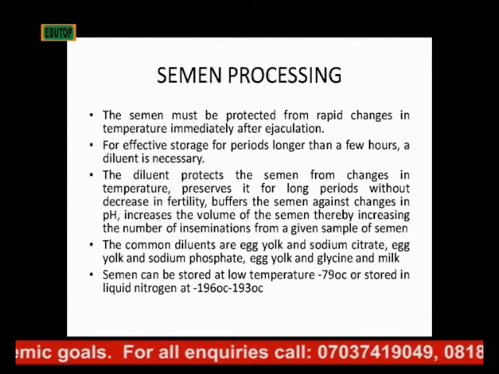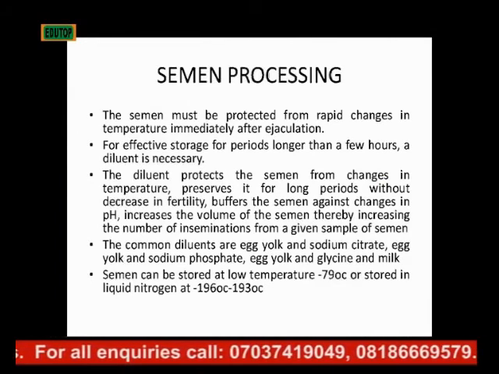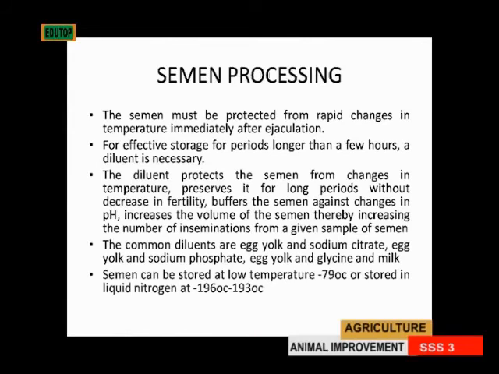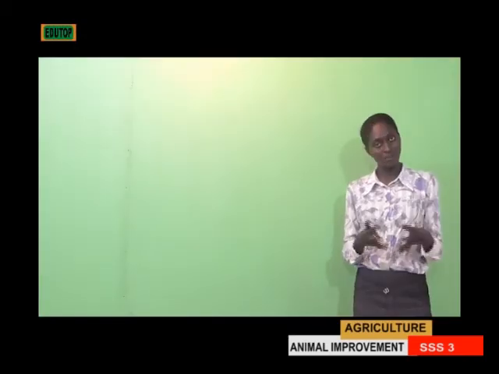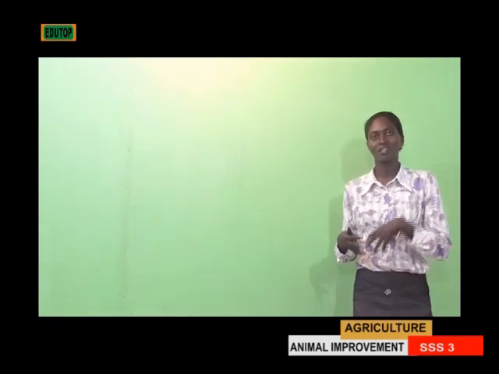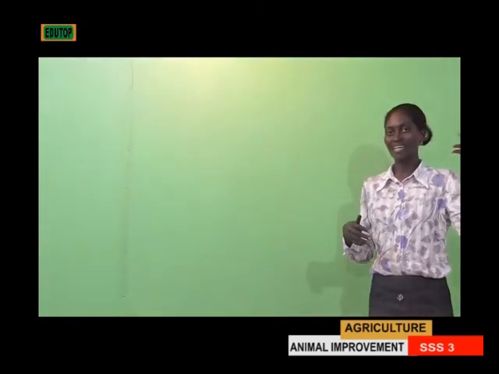Semen processing is the next step. After you have collected the semen, how is it processed? The semen must be protected from rapid changes in temperature immediately after ejaculation, so that it doesn't get spoiled.